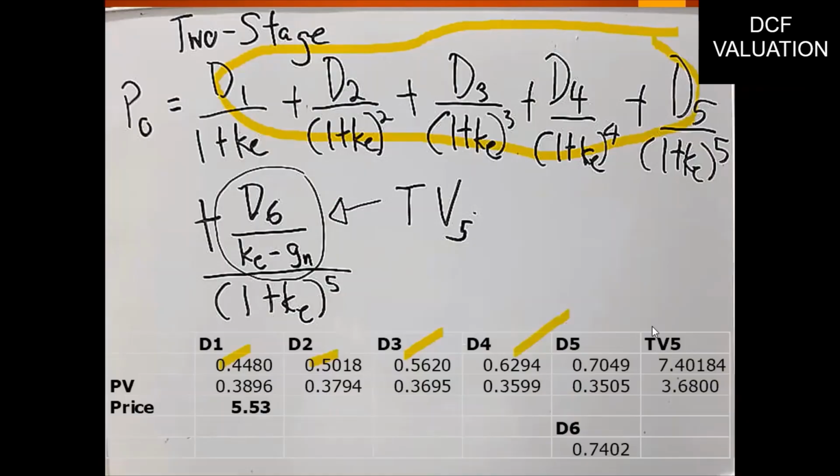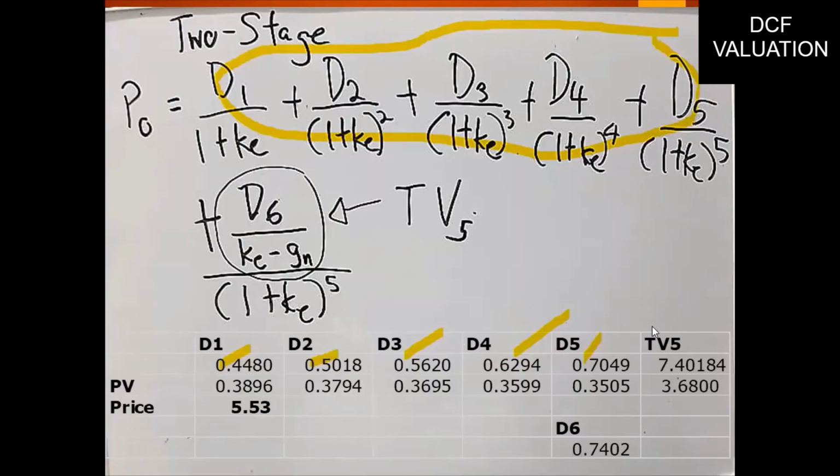Applying the same 12% growth rate to year 4, that's 62.94 centavos. And for year 5, again assuming a 12% growth rate, that is 70.49 centavos.